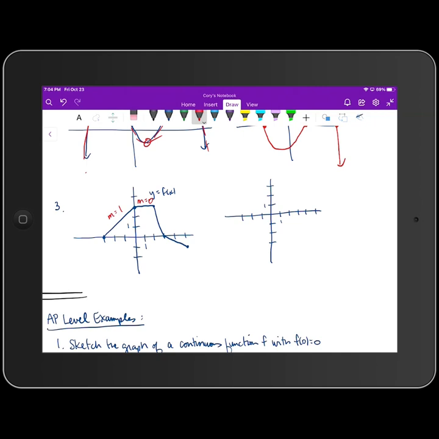For the next 2 points, we've risen -3, or fallen 3 units, and run 1 unit, so that slope is -3. And the last segment, we've risen -1 unit, or fallen 1 unit, and run 2 units, so that slope is -1/2.